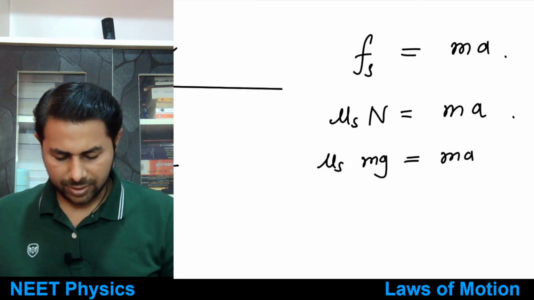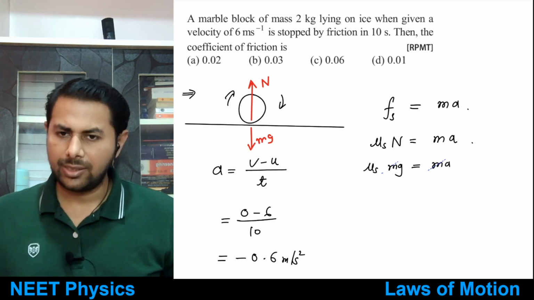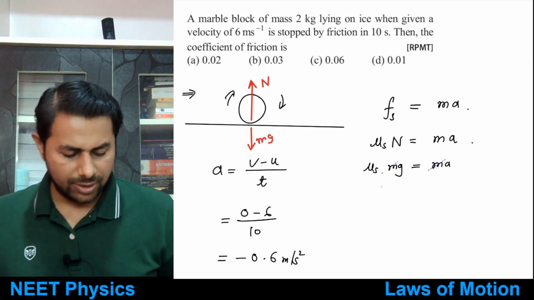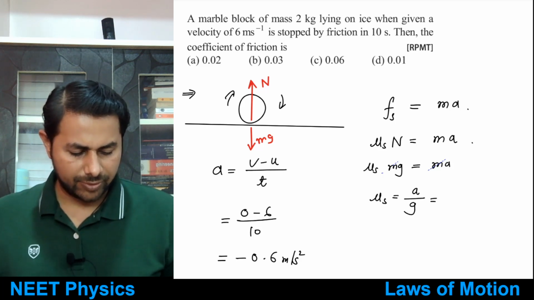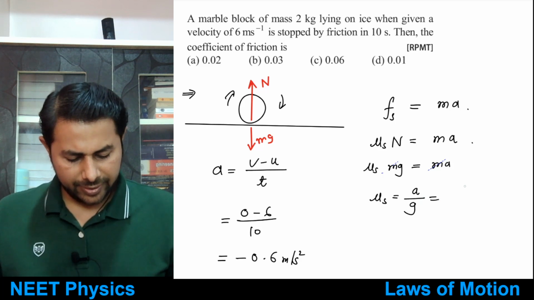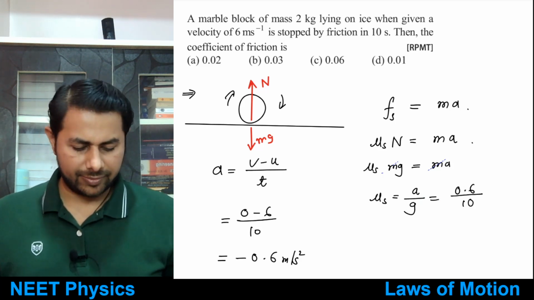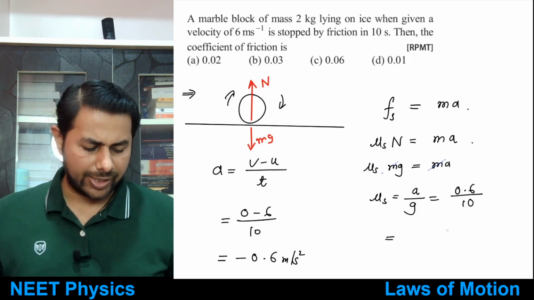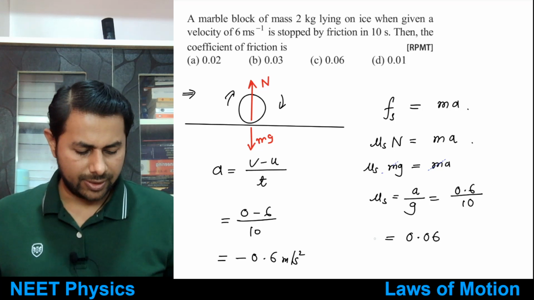Then this m gets cancelled out. Now take g on the other side, so you get mu s equal to A divided by g. A is 0.6, and let's take g as 10. Then 0.6 divided by 10 is 0.06.